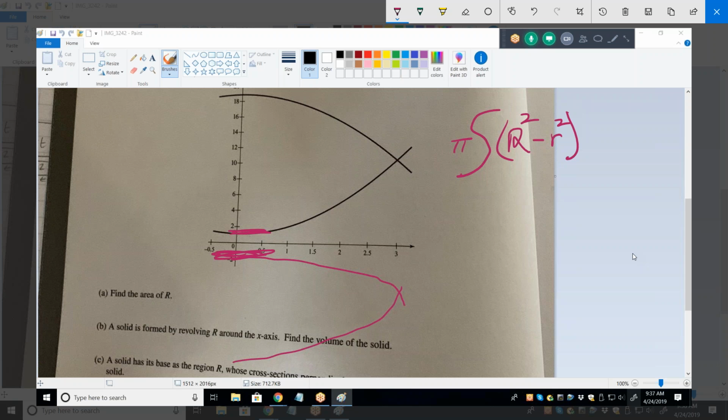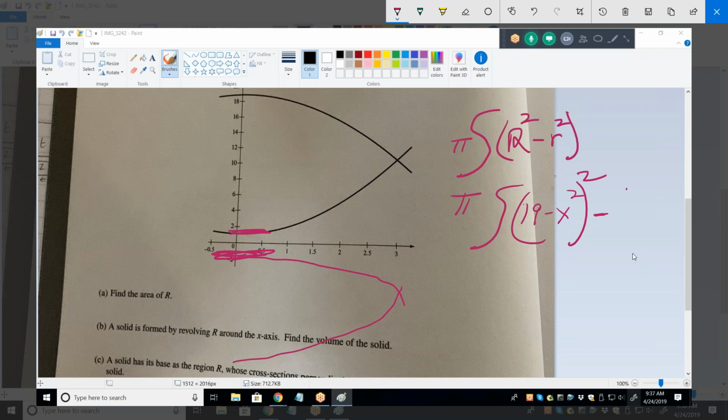In our case, big R would be the top curve, so 19 minus x squared, all squared.